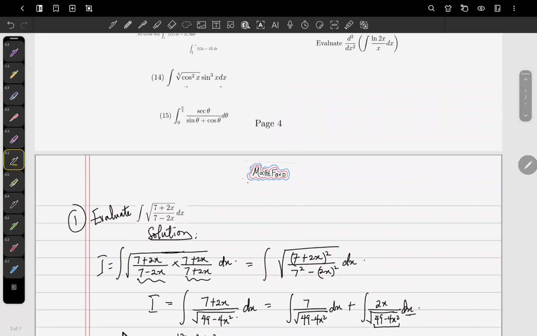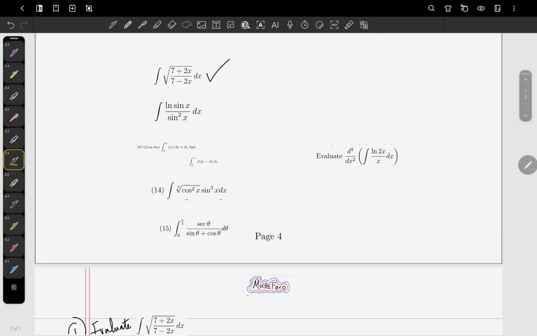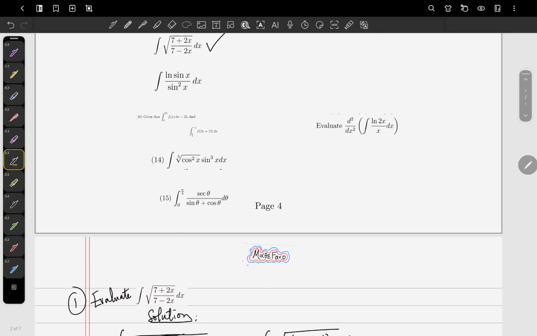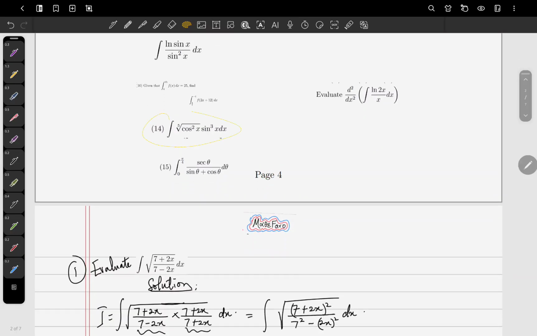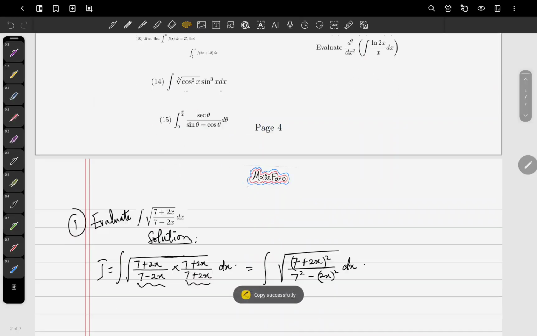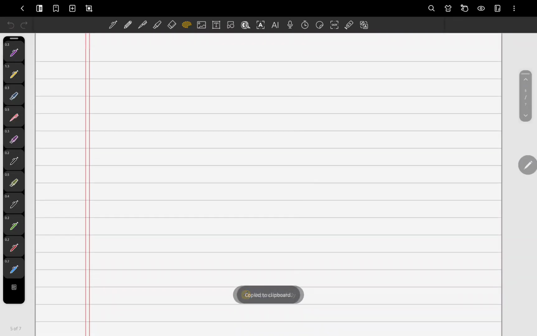All right, the next question on the list, let's see. Integral. So when you combine powers of sine and cos like this, there is a very common trick. And what is that trick?